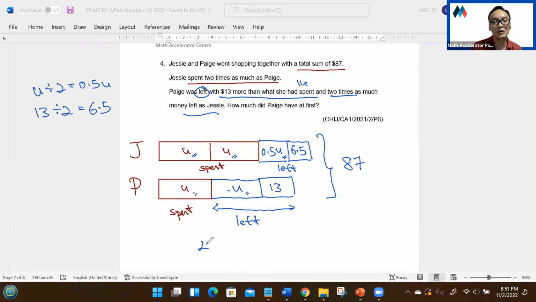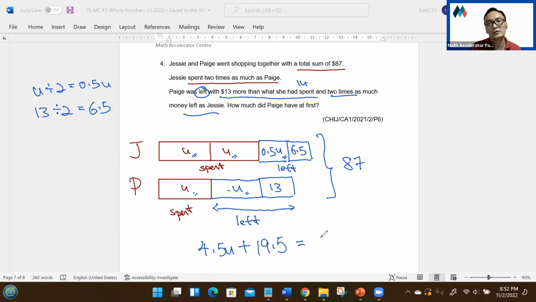We should have 4.5 units, right? And can you add up for me 13 plus 6.5? What do we get? 13 and 6.5. Right, Douglas, can the rest of you also participate in the calculation as well? Right, Mikhail, you're correct. So here is 19.5, right?